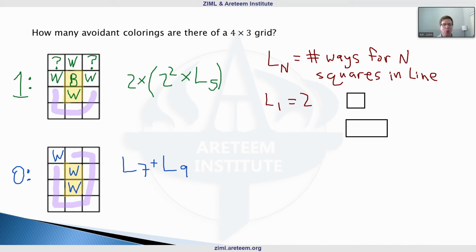If we have 2 squares there in this case, well, they can either be white or black for both, except we have one scenario that's bad, right? Black, black is a bad scenario, and that's the only scenario that's bad. So if we have an L2 here, this is going to be 3. 4 minus 1, there are 3 outcomes in that case there.